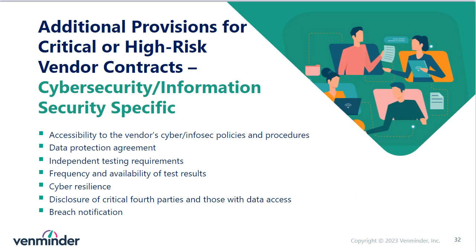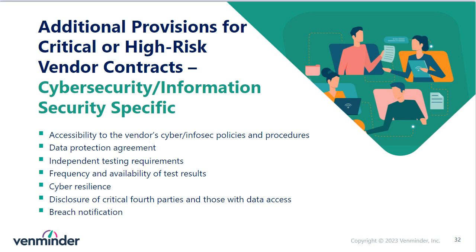So for cybersecurity, info security, specific contract clauses and provisions, you might be detailing accessibility to the vendor's policies and procedures. How often are you going to execute or take advantage of your customer right to audit? And what are the expectations that your vendors are going to be held to therein? What are you asking for on a regular basis?